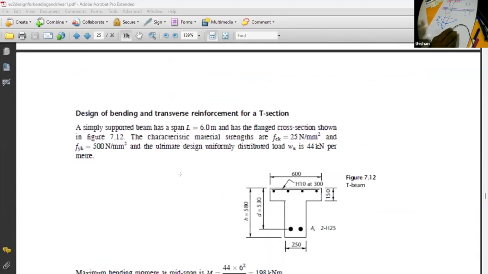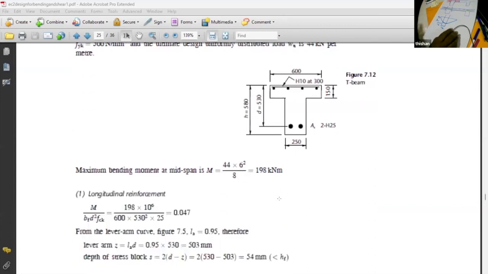And we are supposed to find the shear at this particular face over quarter of the distance of the beam. It's quarter the span of the beam. So we just look at it.